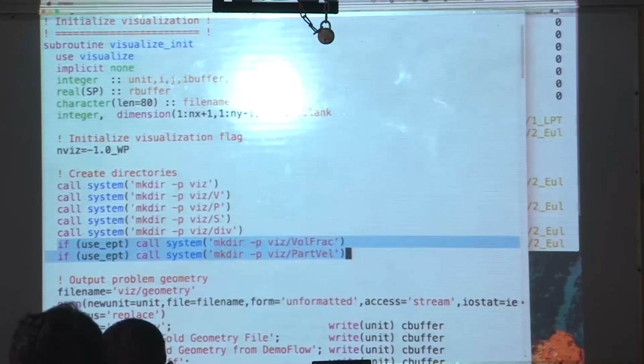So I'm not going to output directly the number density. Number density and volume fraction are equivalent, provided that the particle size is constant. So here I'm going to be working with a particle volume fraction instead of a number density. But again, it's just a constant coefficient that multiplies everything. And then I'm going to have the mean particle velocity that I'm going to call pod_vel.